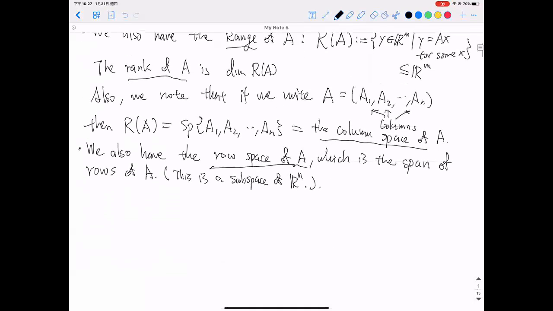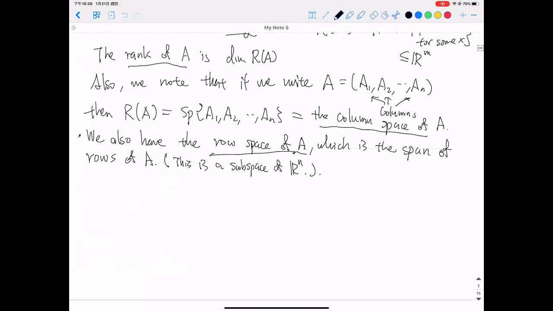Now let's make the following observation. Row space of A, again, is the span of rows of A. As you remember, there's this operation that we do to a matrix called the transpose, which is to flip the matrix across the main diagonal, and the effect of that will turn rows into columns.